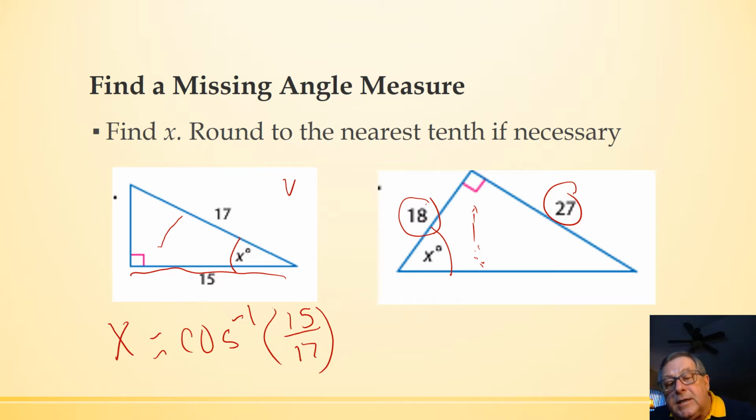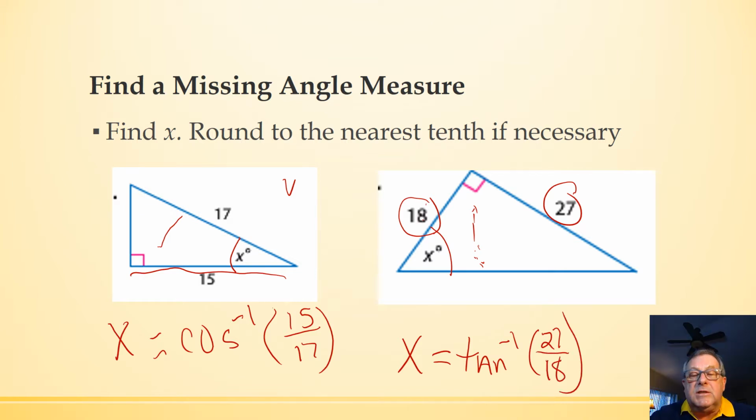And so again, I can set this up as x equals the inverse tangent of 27, the opposite side, over 18, the adjacent side. All right, now, hold on. We're going to move over to our calculator, and we'll use it to help us determine the angle measures of x in these two right triangles.